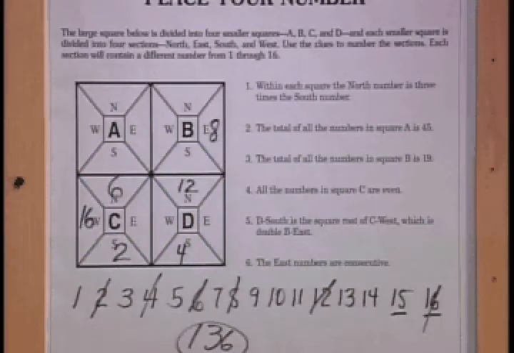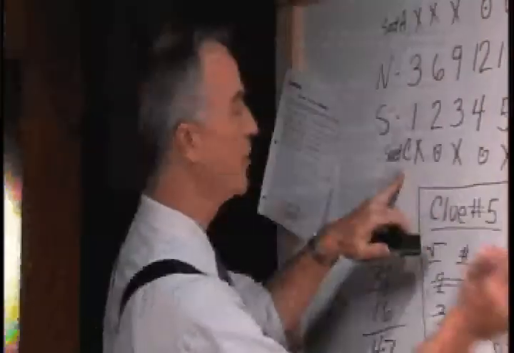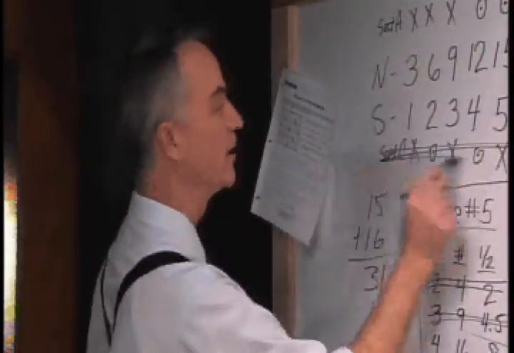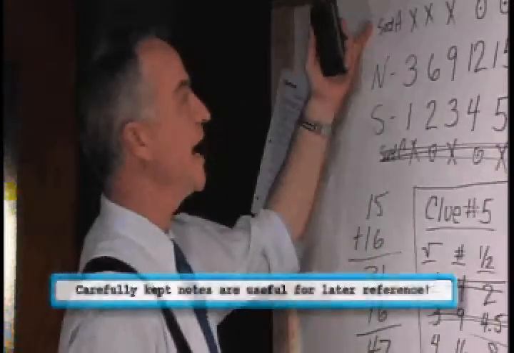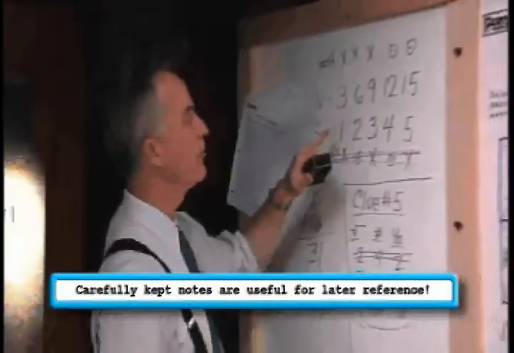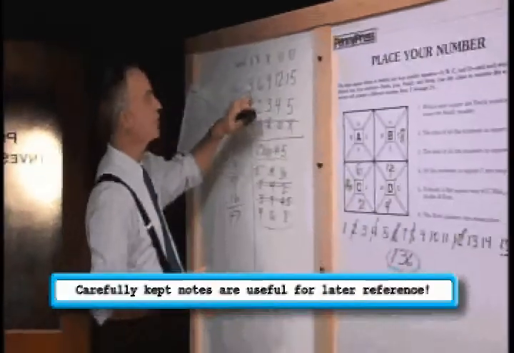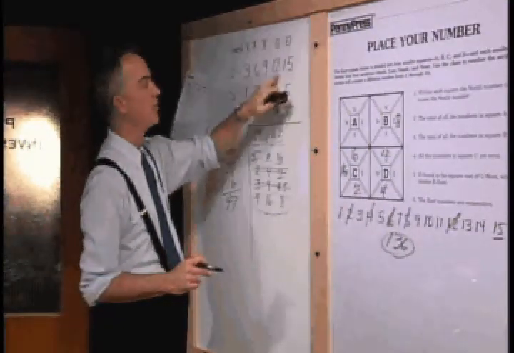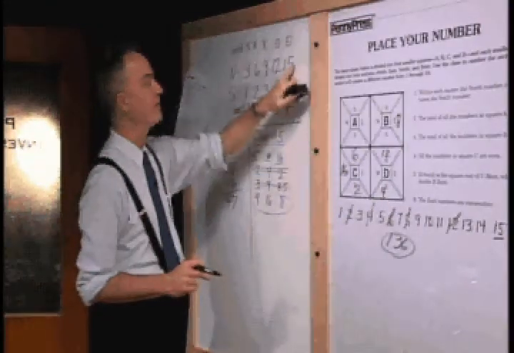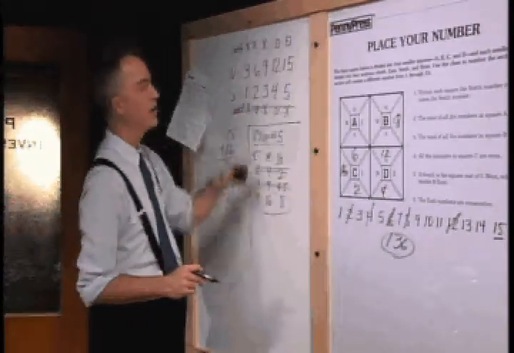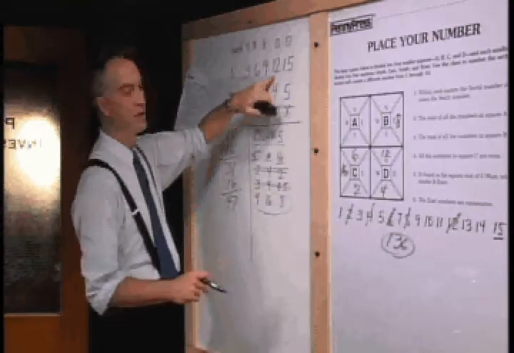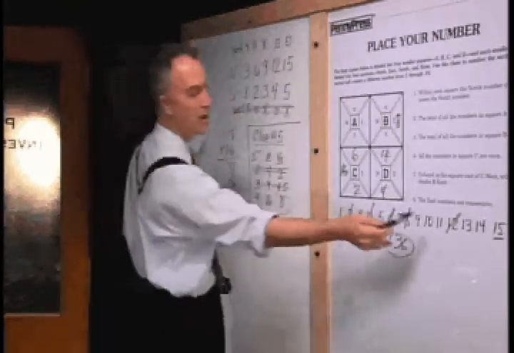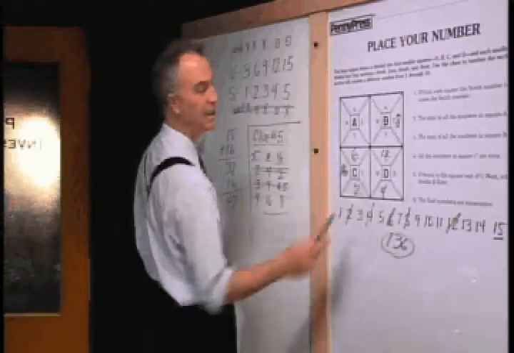Let's go back to some of our analysis that we did a little bit earlier. We've already established for section C the north and south numbers. We can now get rid of this here. But what about section A? From our previous clues and from the previous work that we did, we know that these first 3 combinations cannot work, leaving us with the combination of 4 and 12 or 5 and 15 in section A. But as we look at our used numbers list, we see that 12 was already placed at D north.